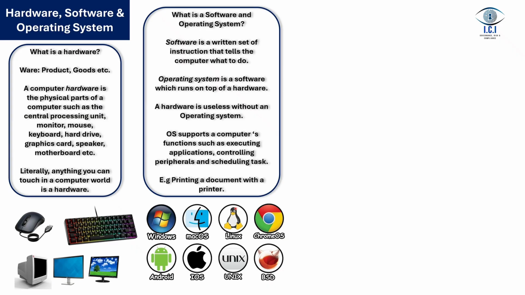So if you buy an external mouse for your laptop, that external mouse is known as a peripheral. When you buy an external keyboard for your laptop, that external keyboard is known as a peripheral. So even for those peripherals to work properly, there must be an operating system that controls the functionality of those peripherals, either from your laptop or the peripherals itself. So for you to print on your printer, you must have an operating system.